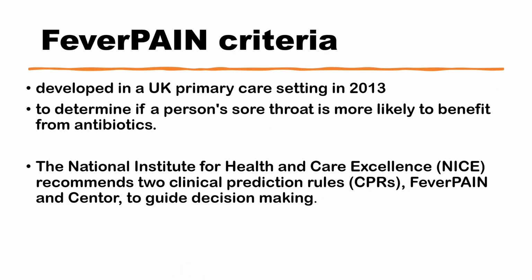Then came a third clinical scoring system, the FeverPAIN criteria, which was developed in the UK in a primary care setting in 2013 and was endorsed by the National Institute for Health and Care Excellence, which recommended the use of either the FeverPAIN or the Centor score to risk stratify patients with acute sore throat.